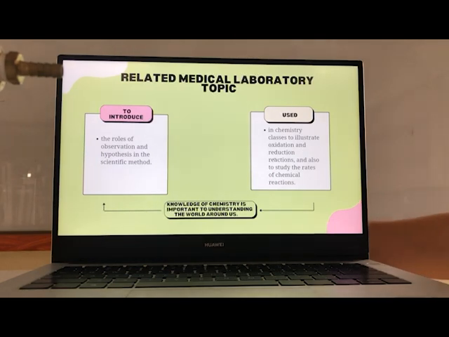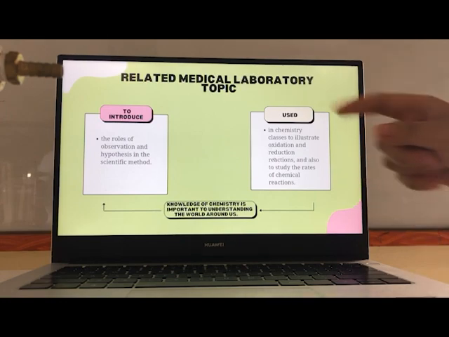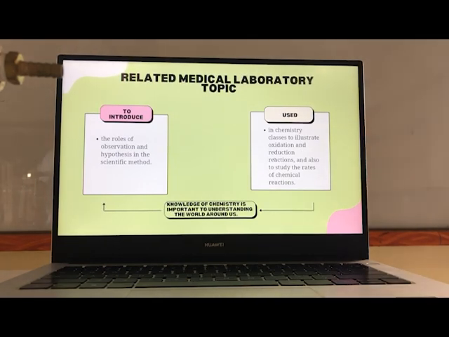So, for the last part of our pre-laboratory reporting, we will move on to how this topic is related to medical laboratory. As medical technologists, hopefully you got a lesson here. These experiments introduce us to the roles of observation and hypothesis in the scientific method. They are also used in chemistry classes to illustrate oxidation and reduction reactions and to study the rates of chemical reactions.